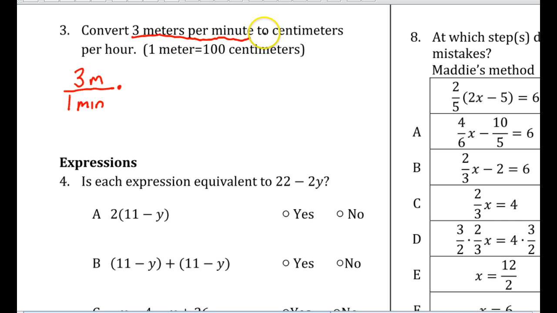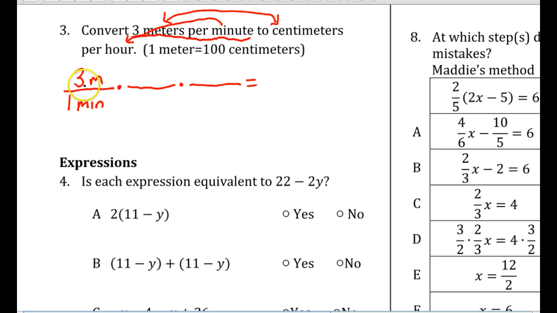You'll notice that we're converting two things. The meters are going to be converted to centimeters, that's the distance. And the minutes are going to be converted to hours. So we have two conversions, so I need to multiply twice. It's going to look like the expressions in number 2.